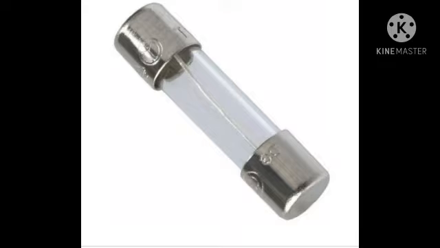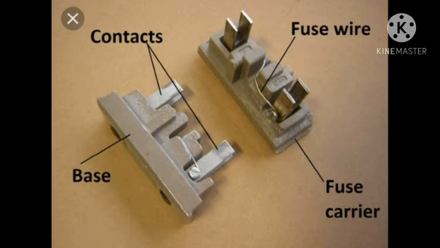If you can see in the picture, this type of fuse we have seen at our homes, and these are all made of ceramic, in the center of which you can see there is a fuse wire which melts when it gets a larger amount of current, and it will stop the supply to your house.